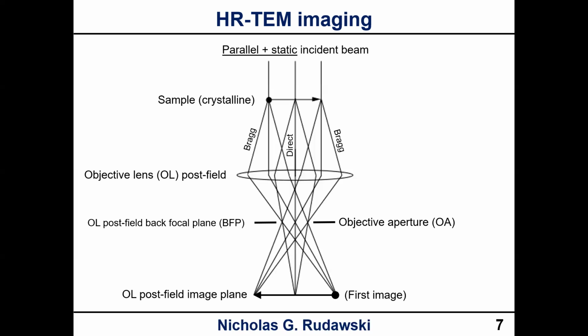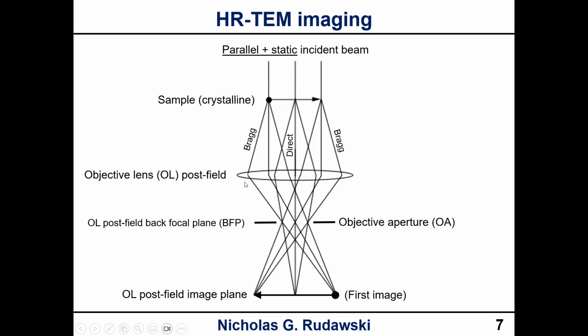Now something interesting happens along the way here. You see up here the different rays. If I follow all of the rays that are direct, my objective lens post field focuses all of these to the same point in the back focal plane of my objective lens post field.